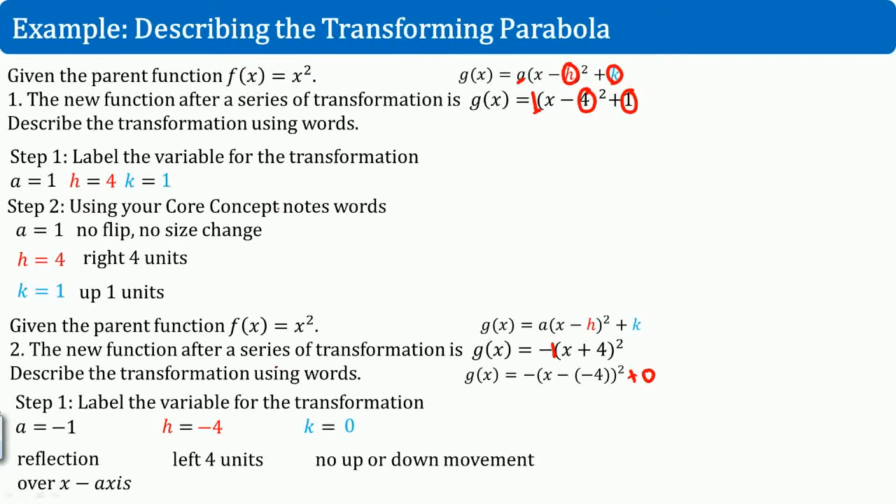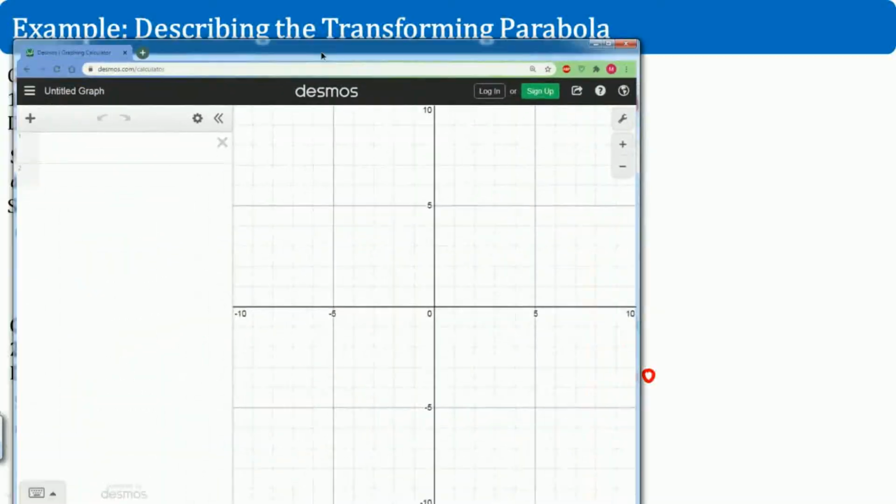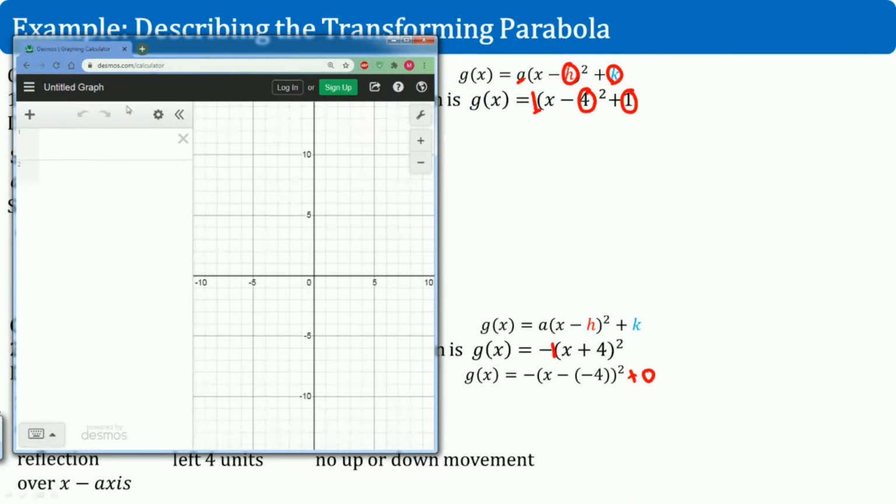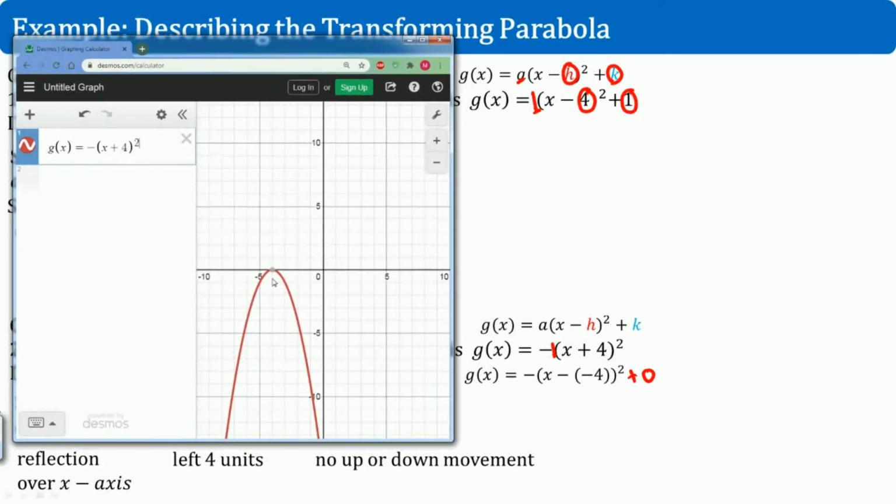To double check, you can always graph it on Desmos. So here I have Desmos up, and I'm going to graph it to double check. Here I have g of x equal to negative parentheses x plus 4 squared. Notice, did this match up with my description? Did it reflect?